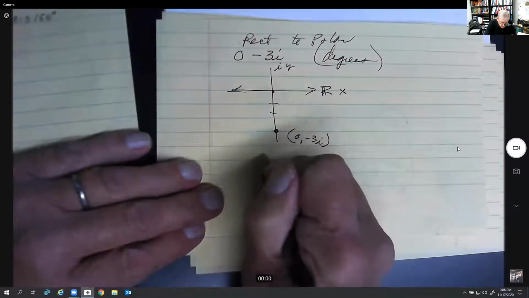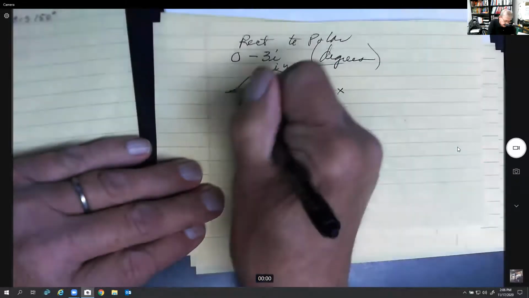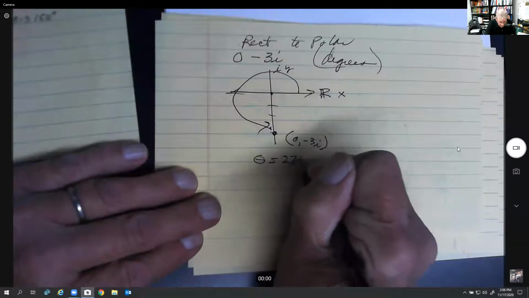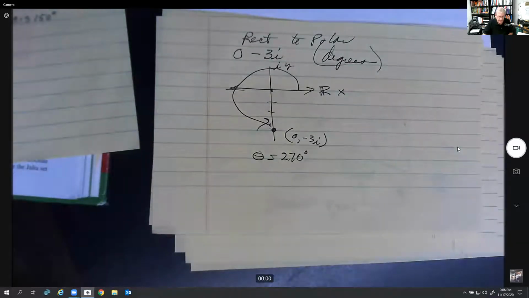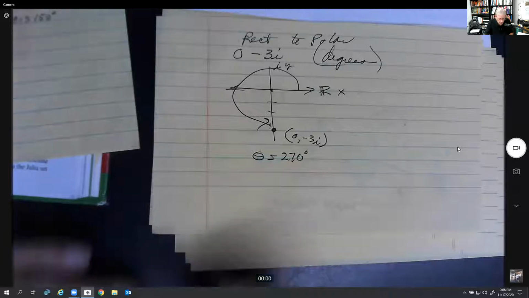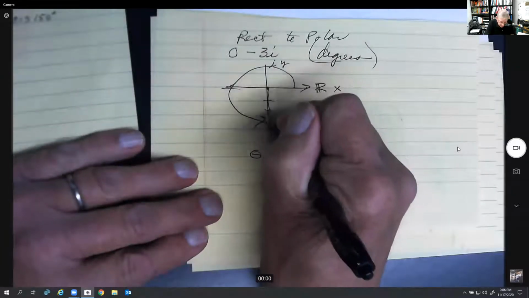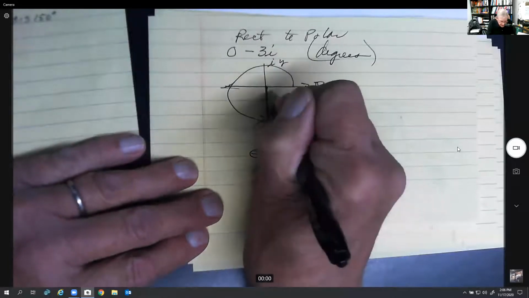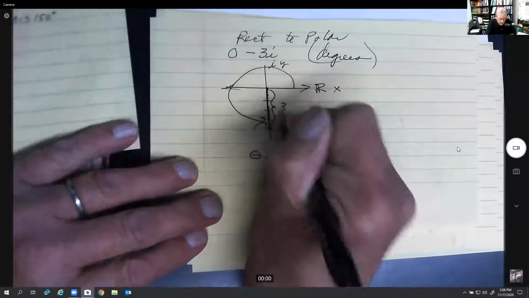Okay. So this is telling me I can almost look right here at the drawing and tell what theta is going to be. What's the angle? 270 degrees. I don't even have to really do much on this one, but I do have to figure out what the radius is. Well, I don't even have to do much on that because I can look down here and see my radius right here is 3 units.